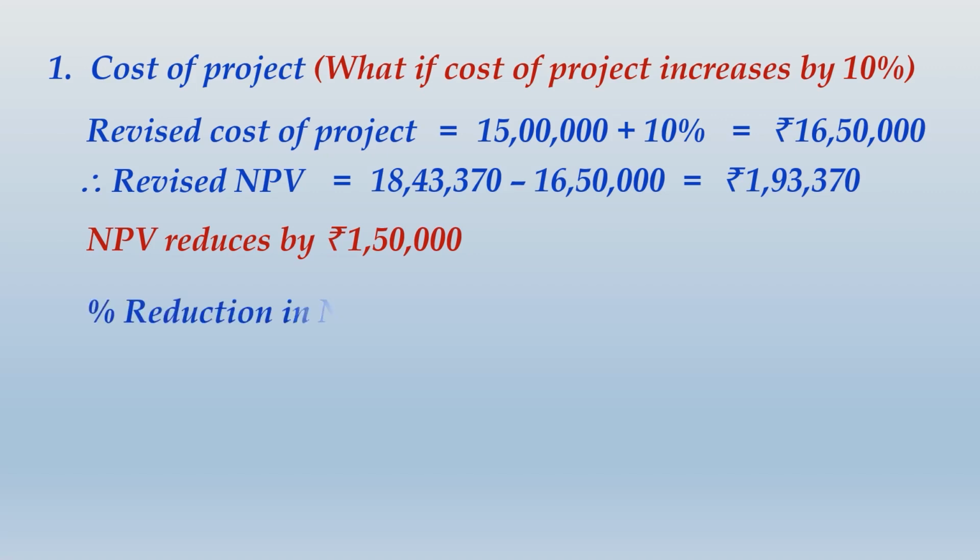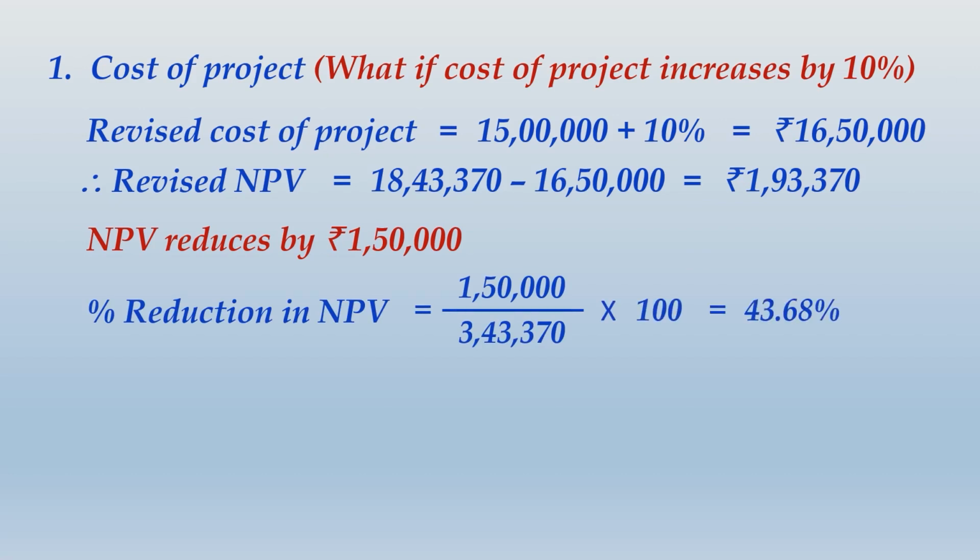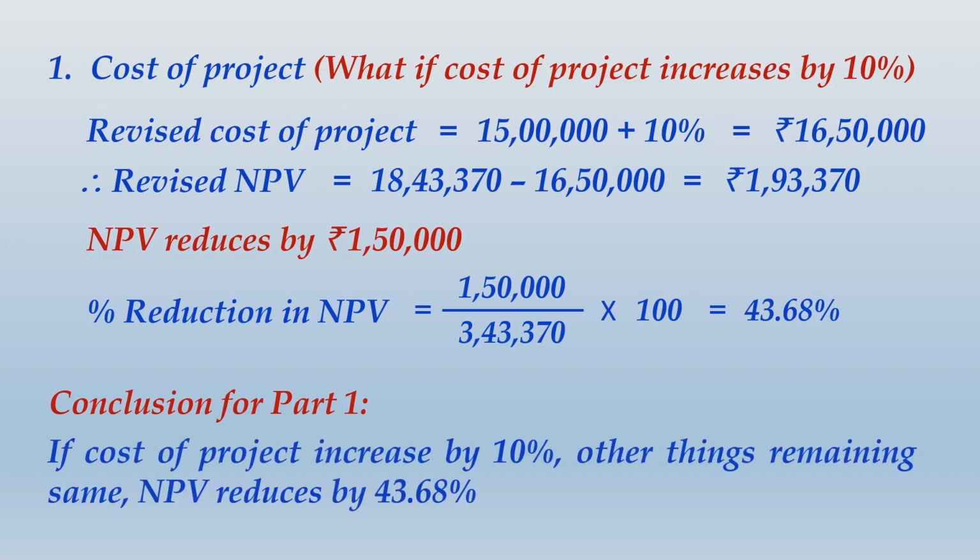So the percentage reduction in NPV is by how much? Percentage reduction in NPV is by 43.68%. So conclusion for part 1, you would write, if cost of project increases by 10%, other things remaining same, NPV reduces by 43.68%.